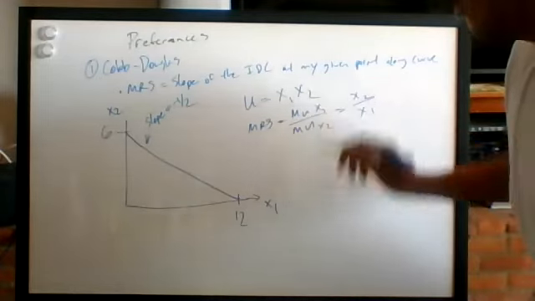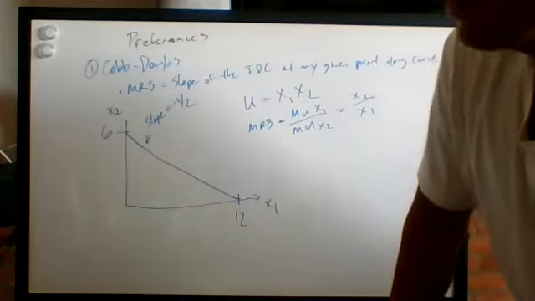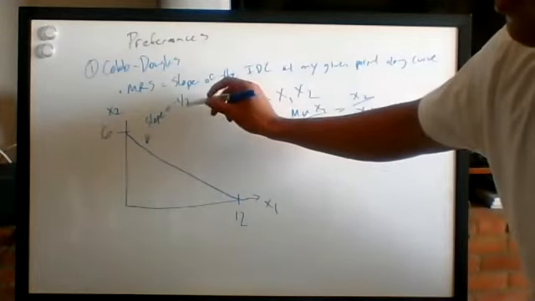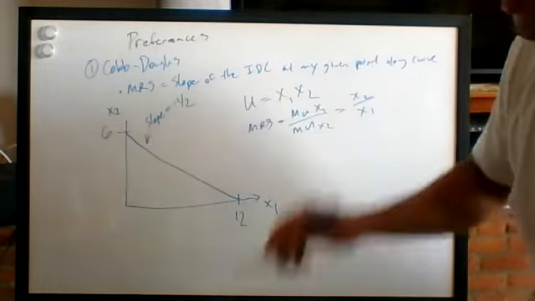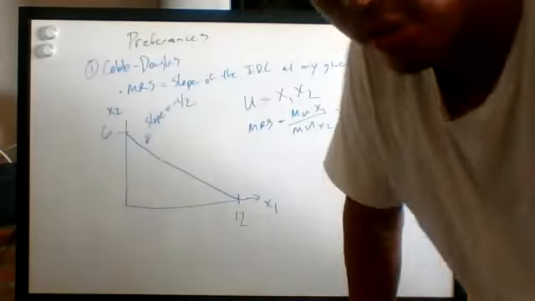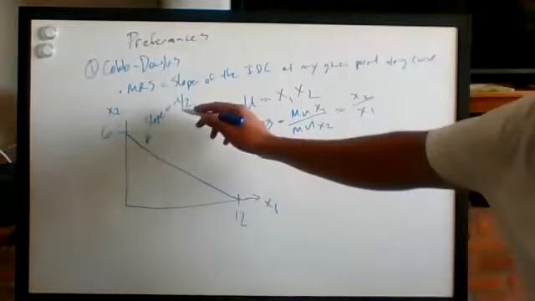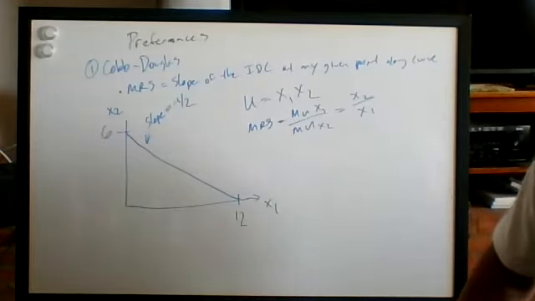This also relates to what I was talking about when I said it doesn't matter whether you make your slope negative or positive, as long as you're consistent. The reason it doesn't truly matter is that you're setting this negative slope equal to this negative MRS, so the negatives are going to cancel anyway.